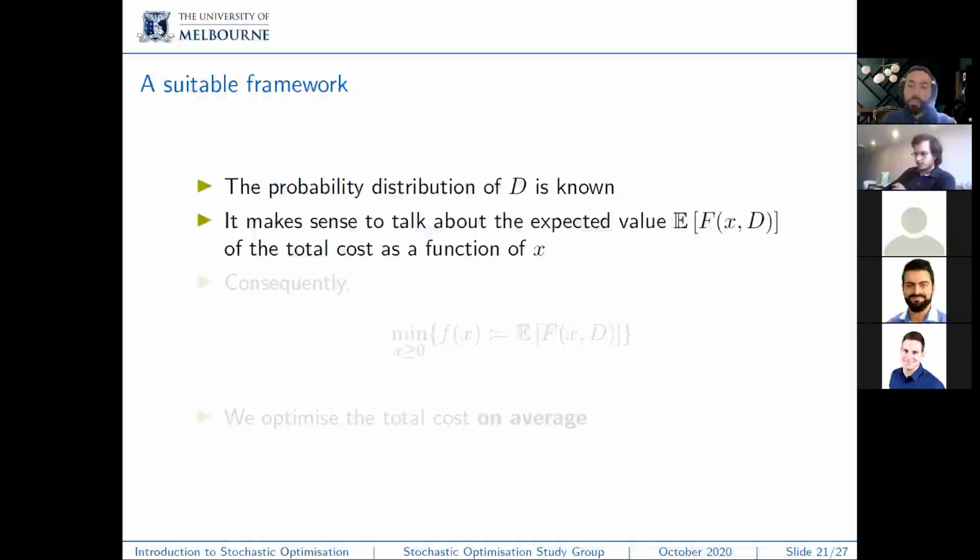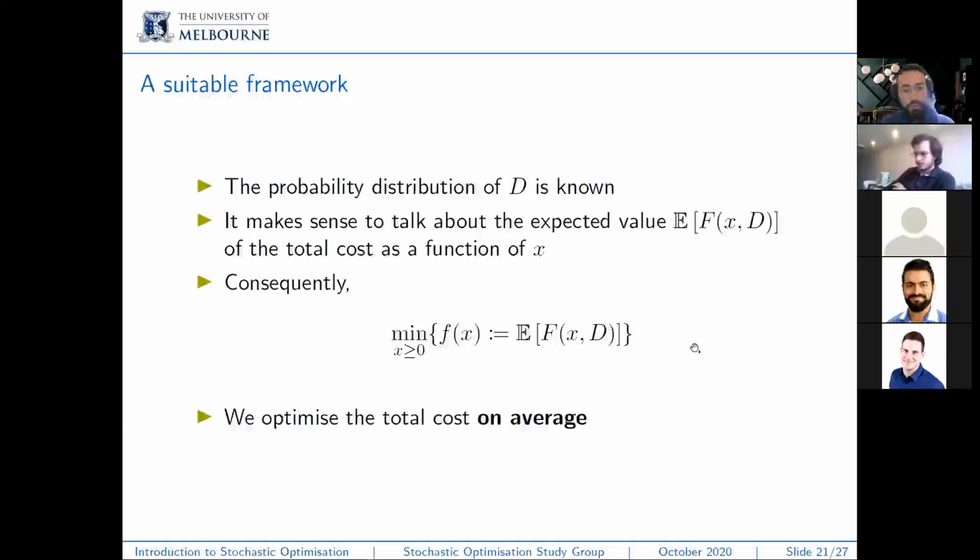So we're trying to minimize the expectation of the cost. So it's like a long-run problem. And then, as a consequence, the problem we want to minimize formally is as follows. We want to find the minimum of f of x, which is the expected cost, and recall that D is a random variable. So this means we're optimizing total cost on average.